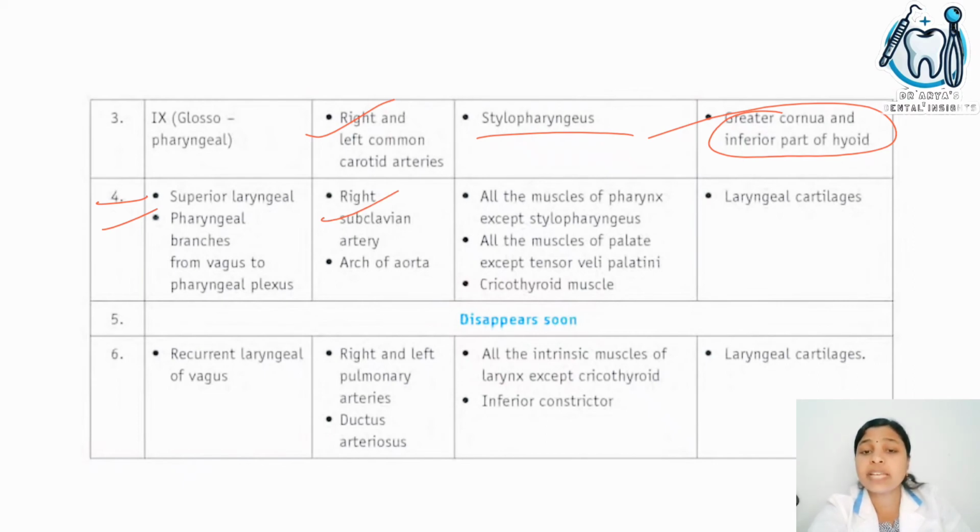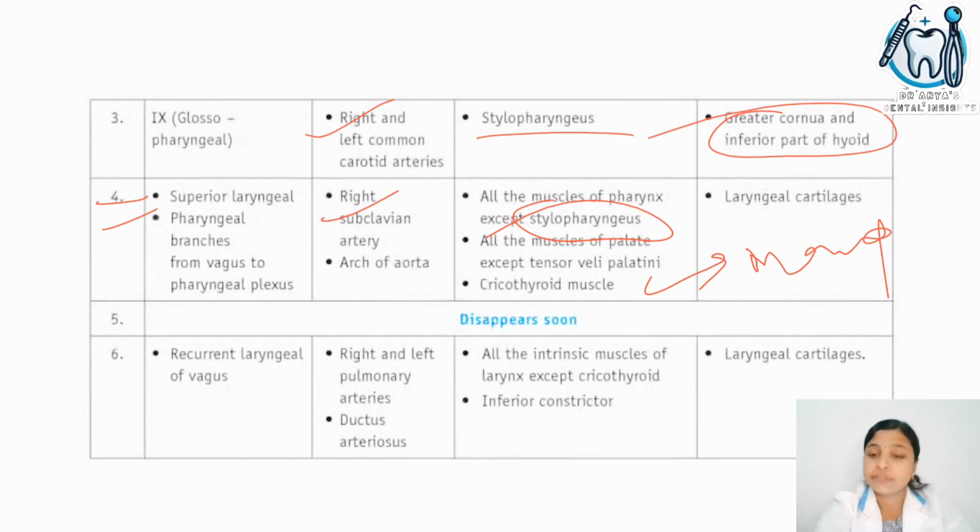All the muscles of the pharynx except stylopharyngeus, because stylopharyngeus is supplied by the glossopharyngeal nerve. All the muscles of the palate except tensor veli palatini, because tensor veli palatini is supplied by the mandibular nerve. And then cricothyroid muscle. And the skeletal component is laryngeal cartilages.